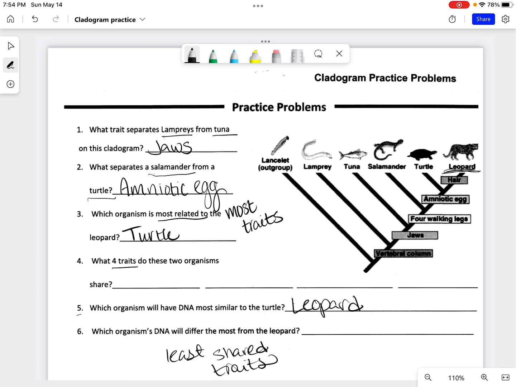So if my leopard has hair, amniotic eggs, 4 walking legs, jaws, and a vertebral column, he has all 5 of those traits. The only one that shares none of those is the lancelet. Because if you follow his branch down, his common ancestor is before anyone developed a vertebral column. So our answer for number 6 would be the lancelet.